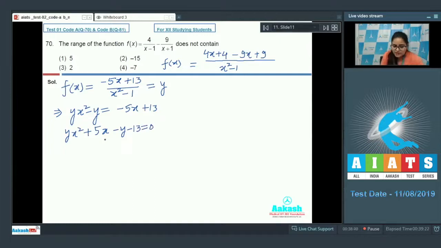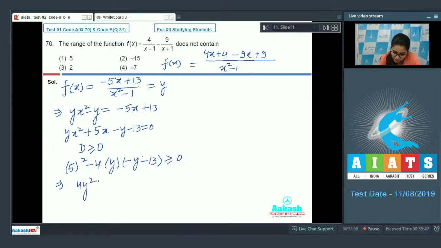So for getting real values of x, D should be positive or equal to 0. So 5 square minus 4y times minus 13 should be positive or equal to 0. So from here you will get 4y square plus 52y plus 25 greater than or equal to 0.